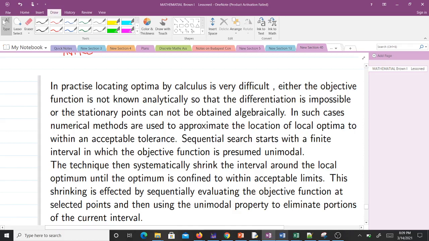So, in such cases, numerical methods are used to approximate the location of local optima to within an acceptable tolerance.